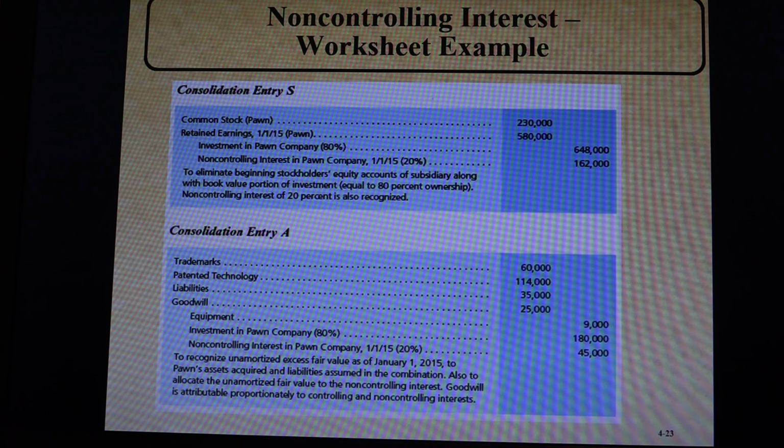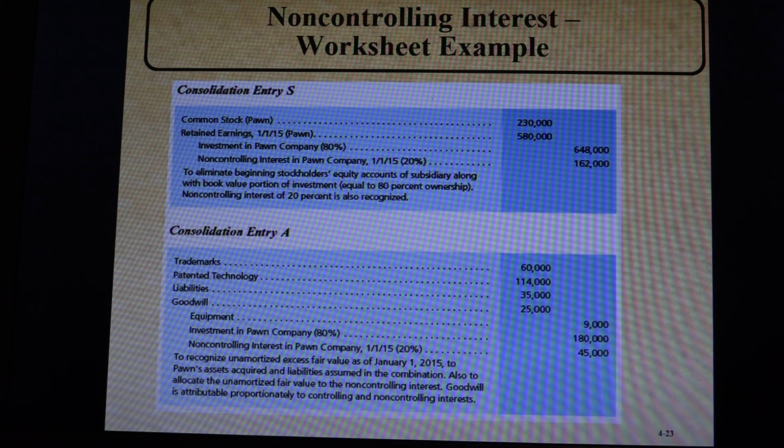Well, this is the book value of 740, if you recall, from Exhibit 4.2 times 80%, plus the 56,000 portion of income that King got allocated in 2014.